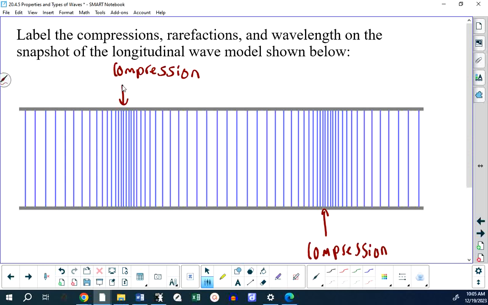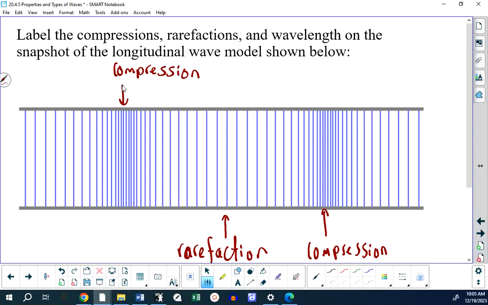And I would just say to you in general that this is a rarefaction. Are there rarefactions over here on the left and the right of the diagram? Probably, but we're not really right at the rarefaction there. It's a little bit further off to the right or a little bit further off to the left.